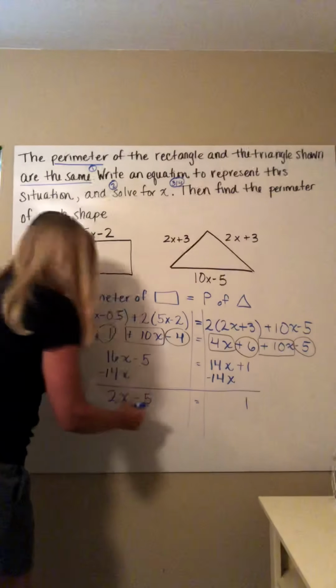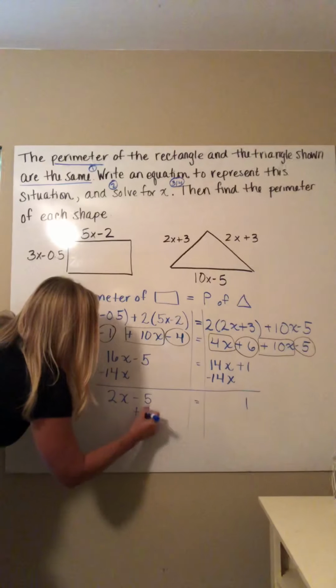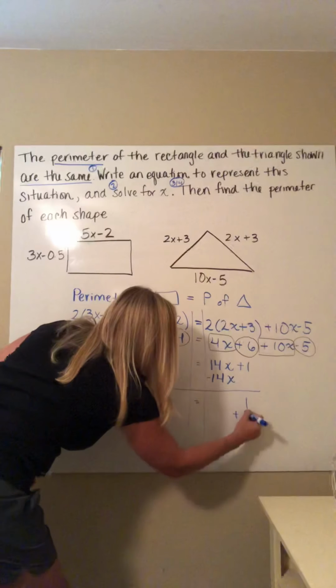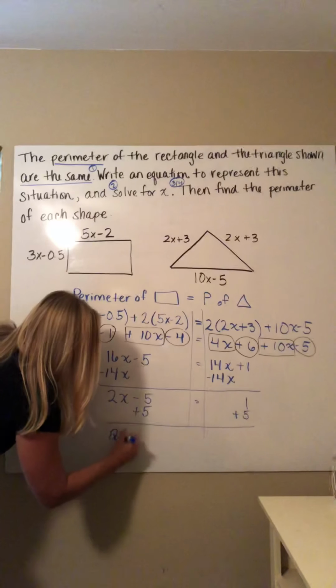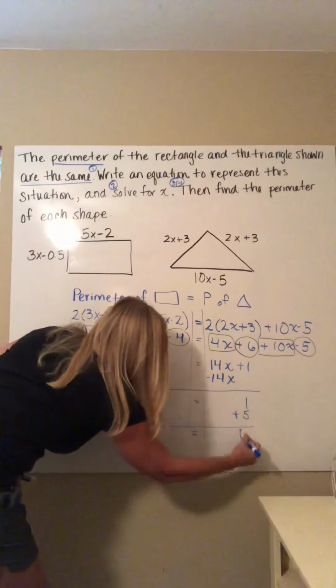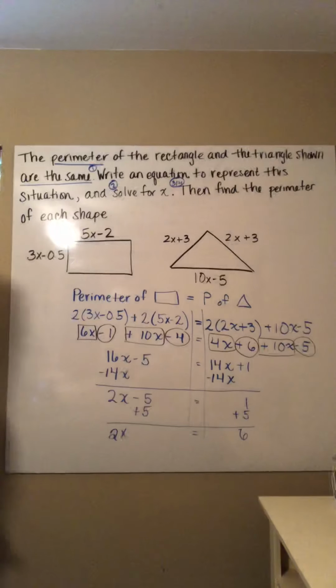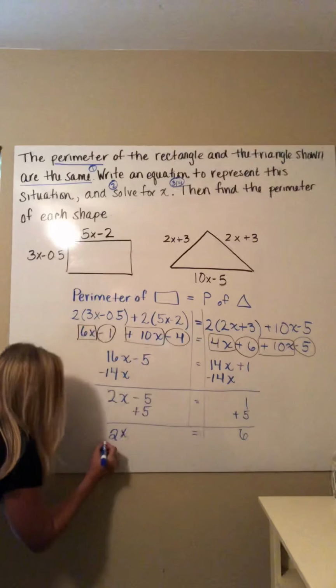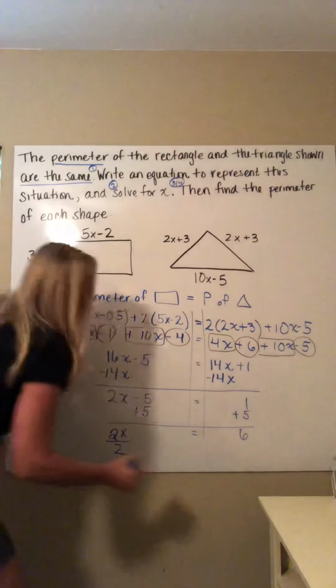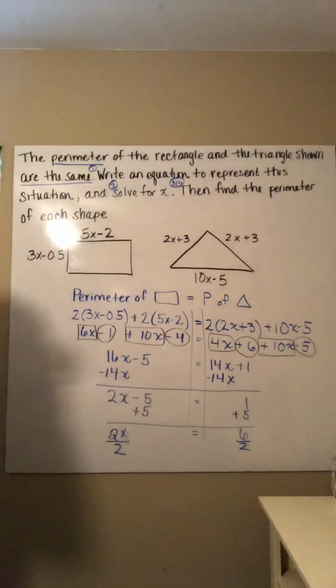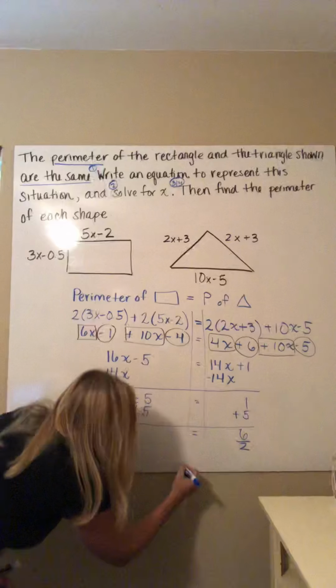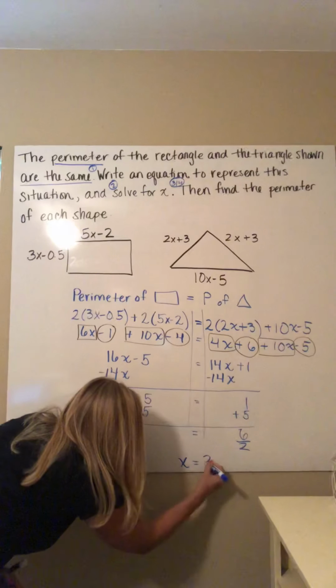So now I'm going to add 5 to both sides. So I have 2x equals 6. And thank goodness I can fit that last step just barely on my board. I'm going to divide both sides by 2. So my answer is x equals 3.